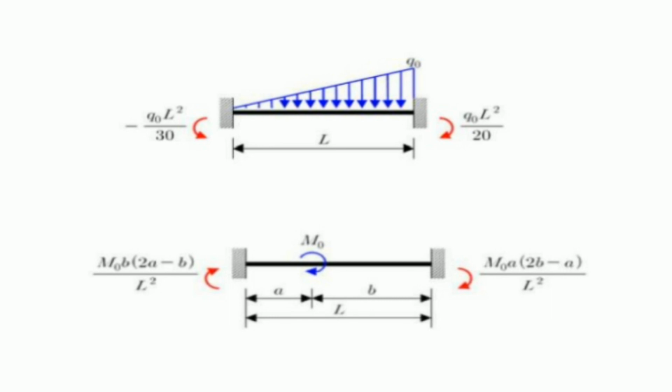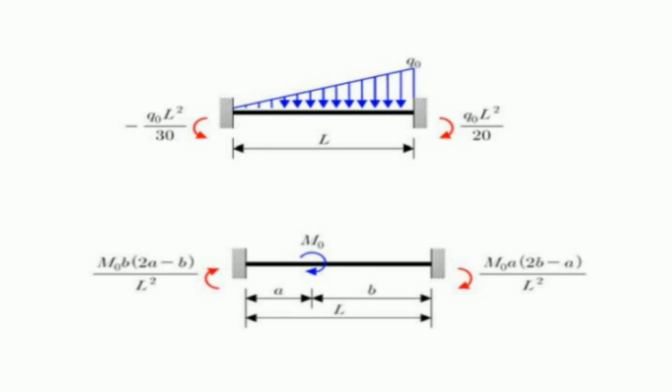The next case is the beam subjected to an external moment which is eccentrically placed. M naught is the magnitude of the moment and L is the overall length of the beam. M naught is at a distance A from the left hand side and B from the right hand side.